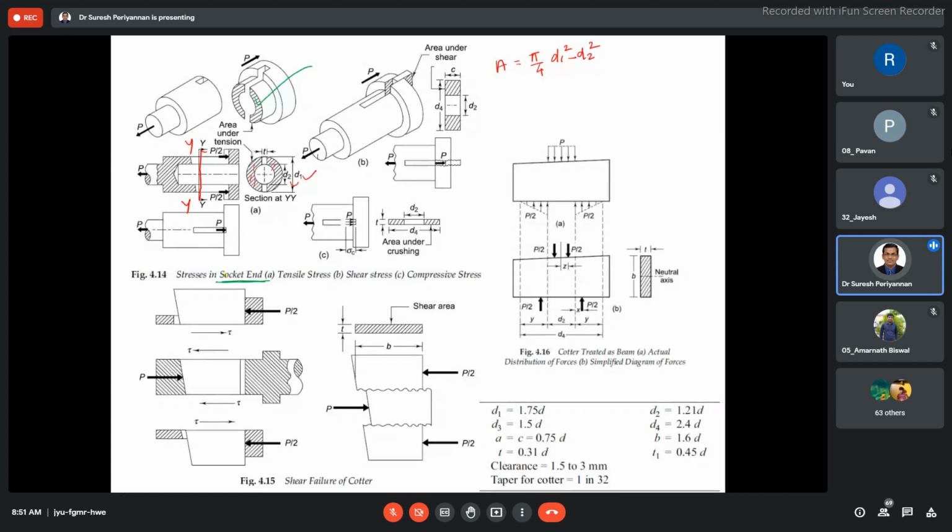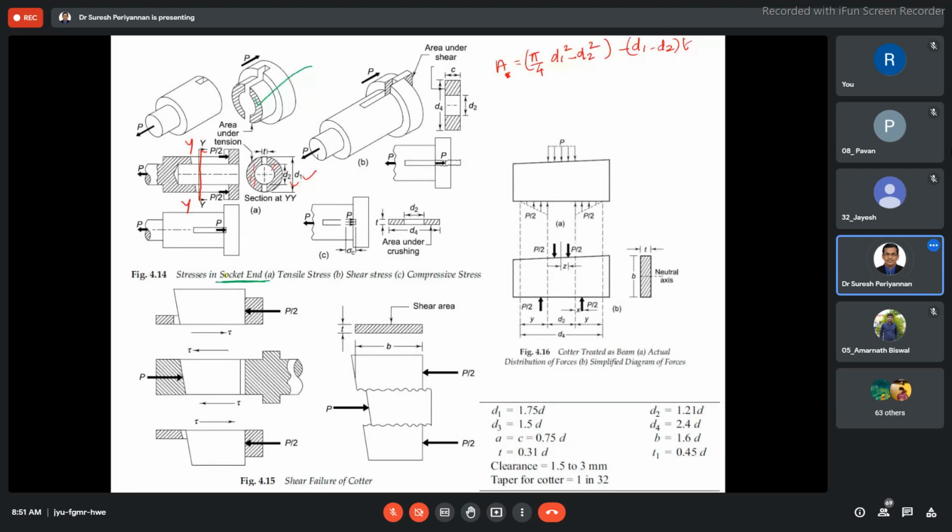Now the slot is there, because through the slot we are connecting the quarter for holding these two components. Hence we would like to subtract that area. This is the required area now: pi by 4 (D1 squared minus D2 squared) minus (D1 minus D2) into T. Now what force is acting in this?